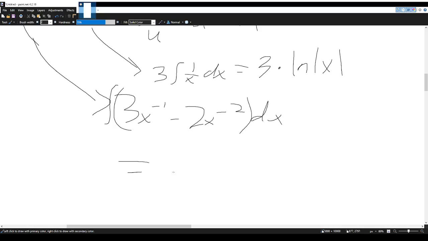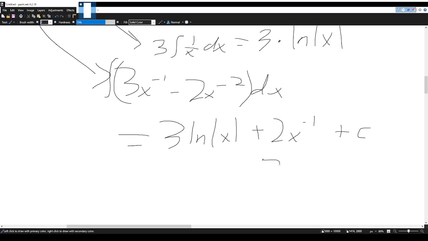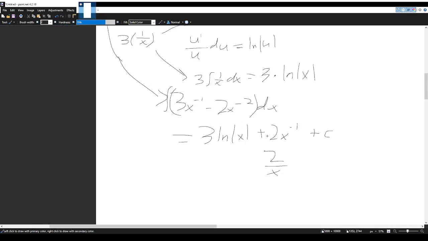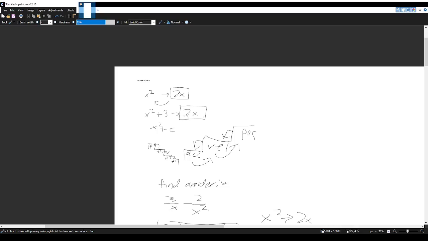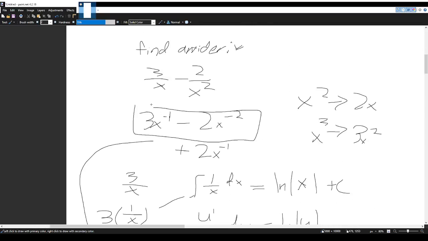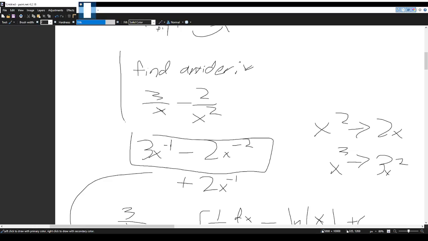The antiderivative, or the indefinite integral, same thing, is 3 ln, natural log, right? I just like saying ln for whatever reason, plus 2x to the negative 1 plus c. And then, of course, you can write this as 2 over x, right? So that's the process for this one right here, this problem.